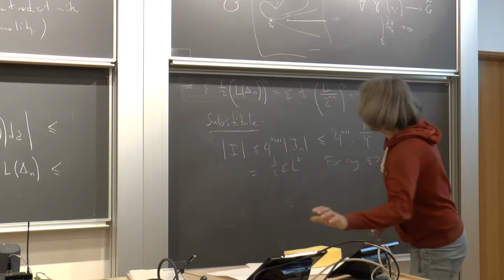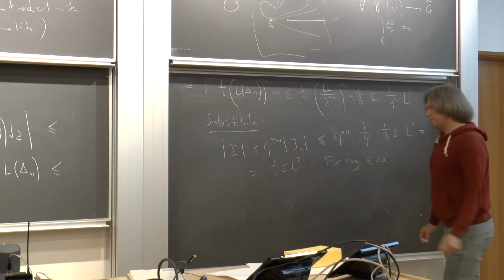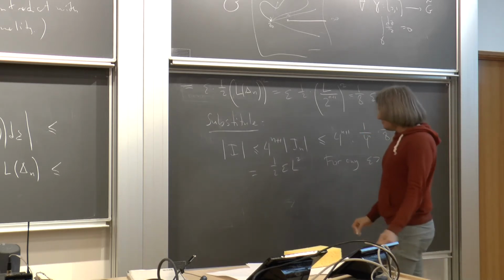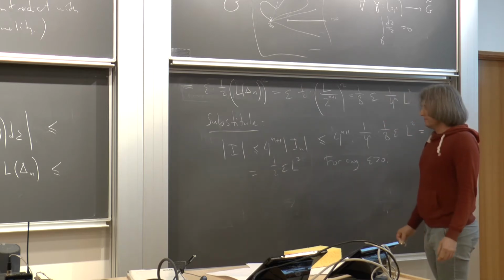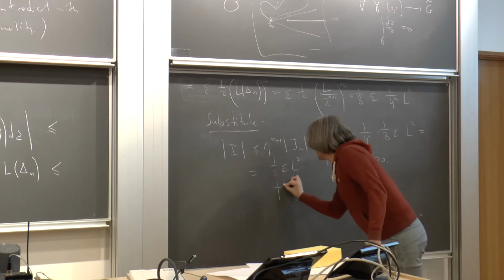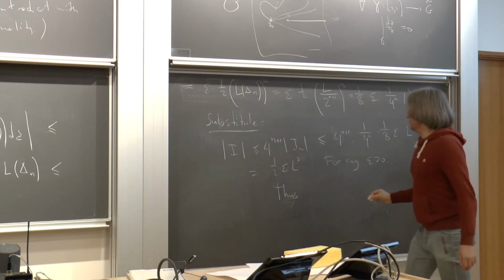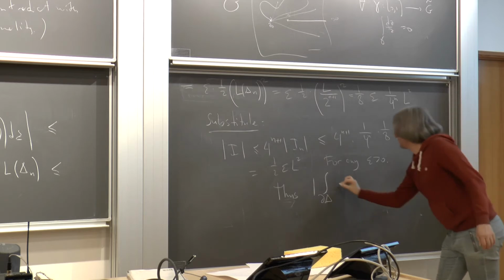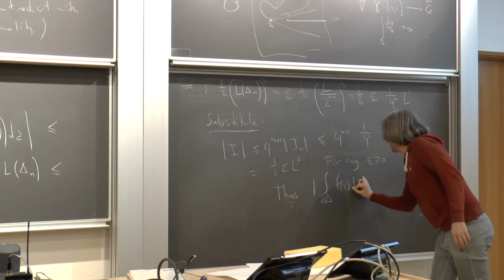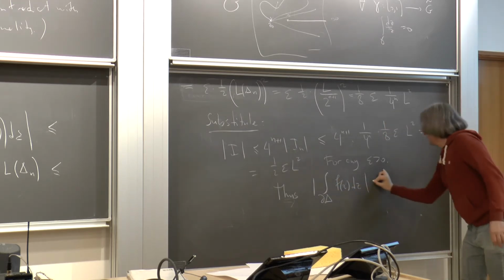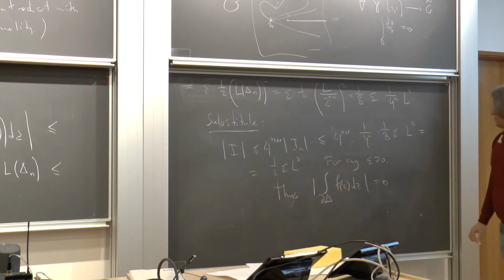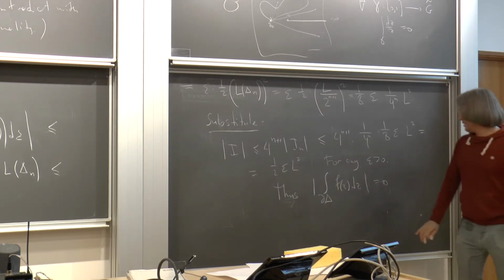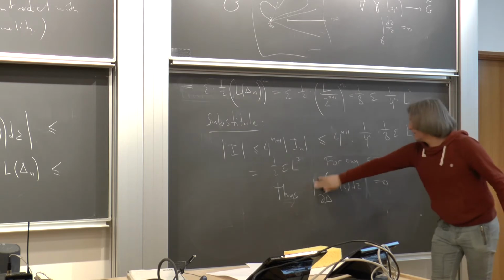So we come to a contradiction because we started from the assumption that the integral is not 0. So thus, the integral equals 0. And of course, I can erase epsilon 0.